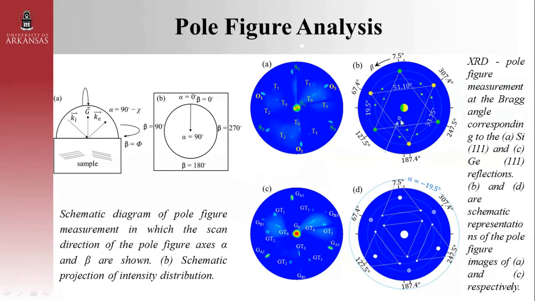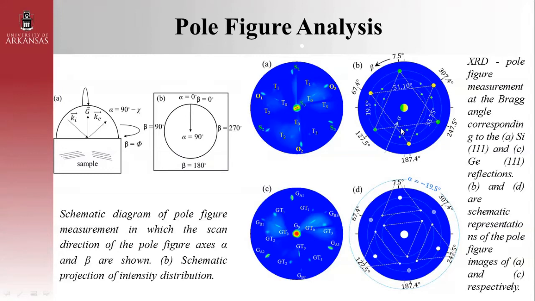These triads, wherein the neighboring spots are separated by 120 degrees, correspond to the 2bar2bar2 and 22 2bar reflections of gadolinium oxide. So basically it is a family of 222 planes. These also reflect the threefold symmetry of gadolinium oxide.